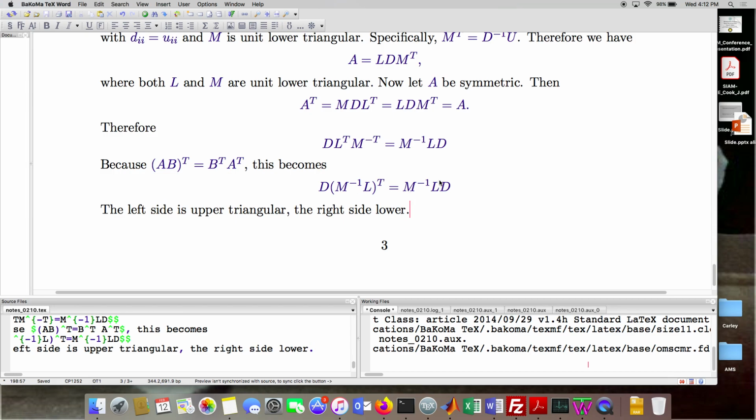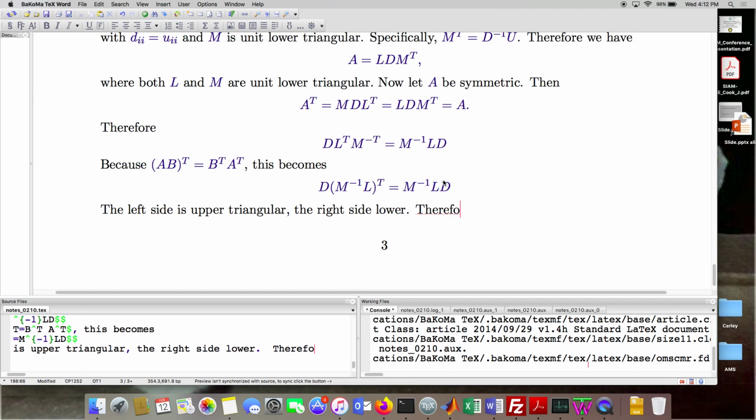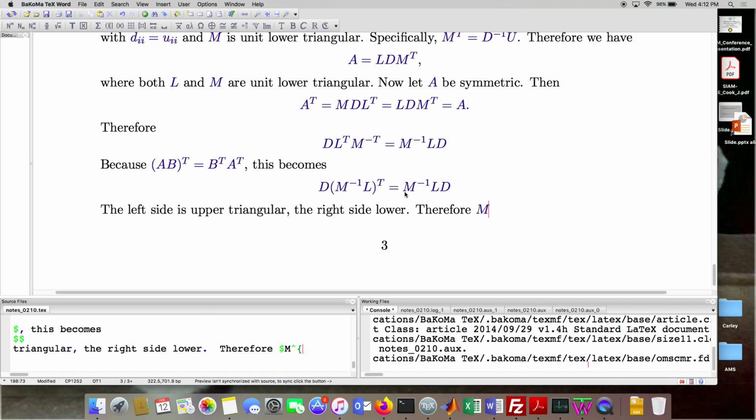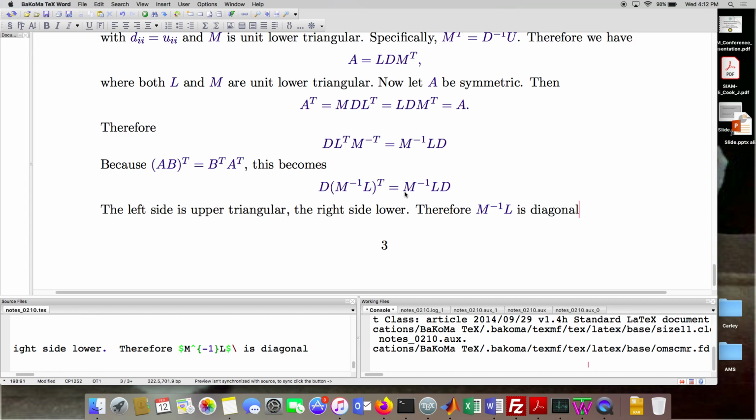So, what can I say about both matrices if they're equal to each other? They must be diagonal. Now, D is already diagonal. That means that M inverse L is diagonal because D is.